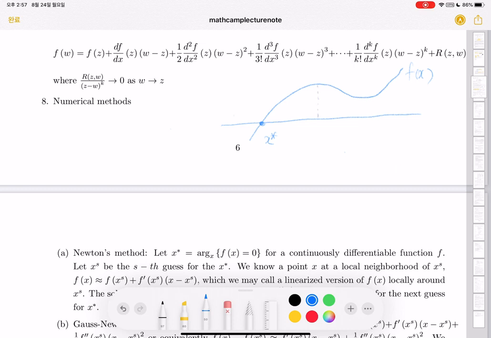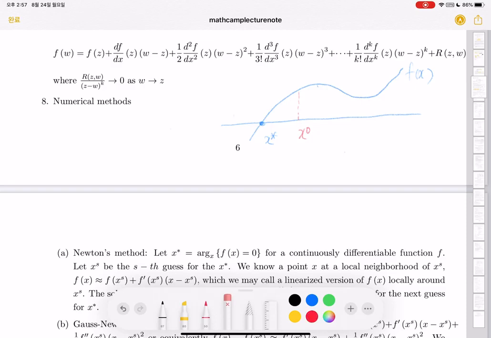You start from any value here. I think this would be nicer. So you start from here. That's going to be your x naught, the initial value.